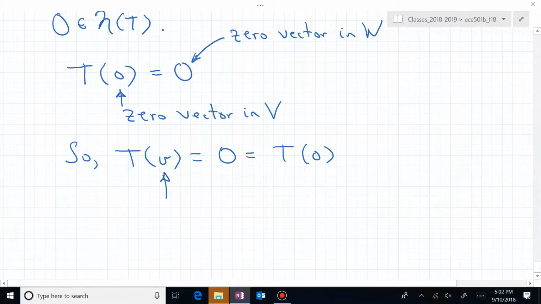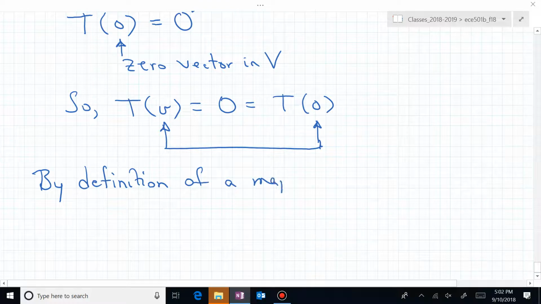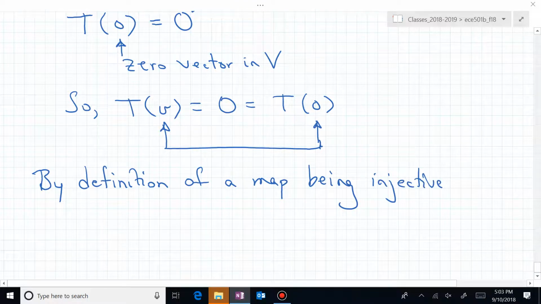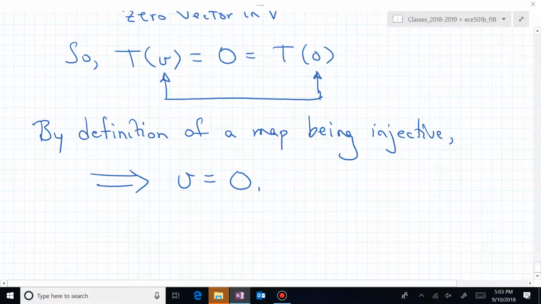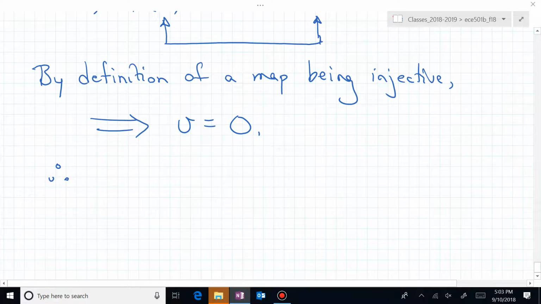So now, by definition of this map being injective, this is saying that 0 and V are the same, because we assumed T was injective. By definition of a map being injective, we now know that V is actually equal to 0. And V, we picked it just generically. And now we've shown that it has to be the 0 vector all the time because this map is injective.